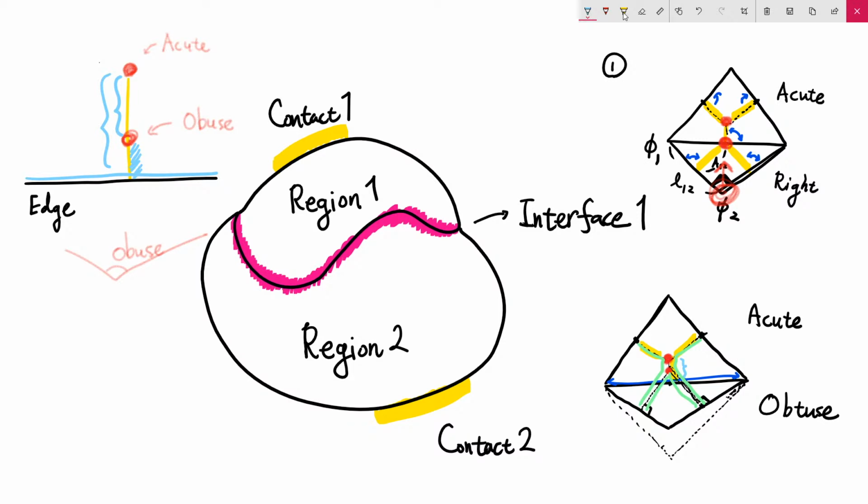So every time you have an obtuse angle, this obtuse angle invades the neighboring triangle, and with the invasion of this obtuse triangle, we have to carefully change the controlling area assigned to each edge.